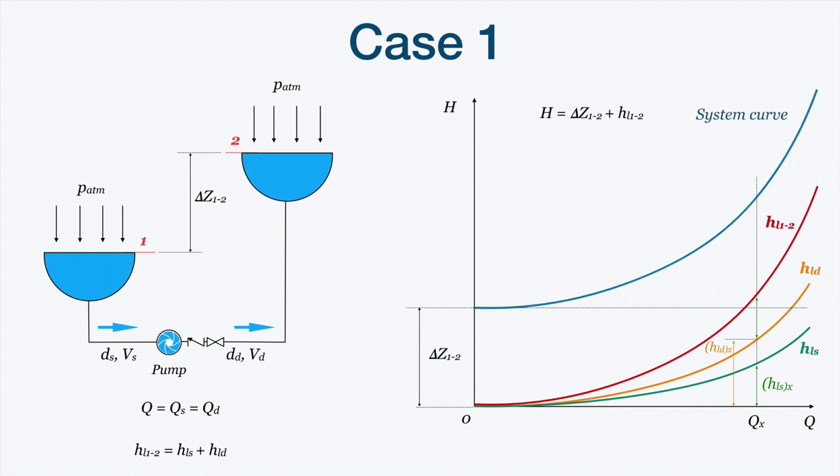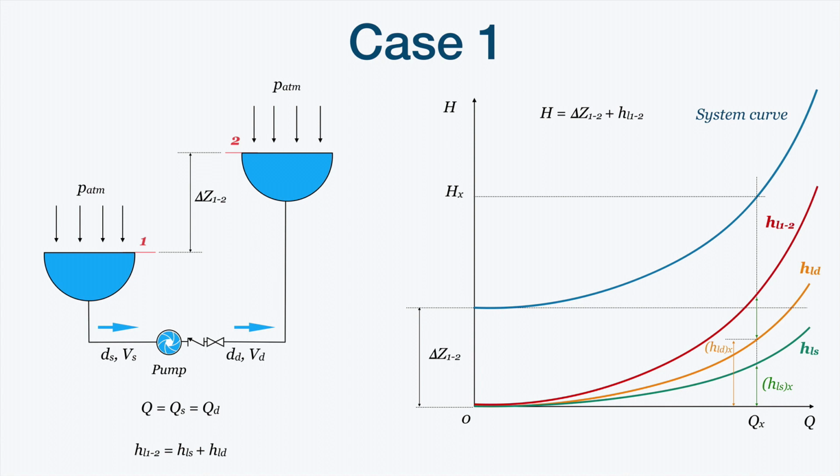By moving this over the static head, we obtain this curve. The point where this curve intersects the flow rate at point X is the value corresponding to the total head, Hx.